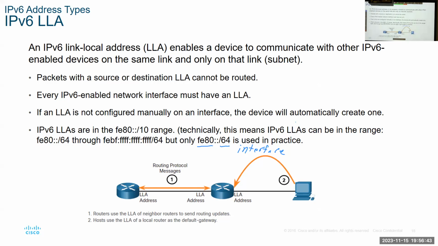They use just a random value. Now you can assign a link local address if you want and prevent the device from automatically creating a random one. It's up to you. Most people for hosts, they let the device create their own. Administrators will usually give the router a static address.